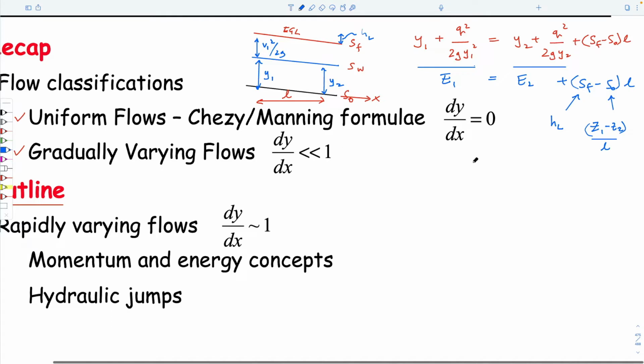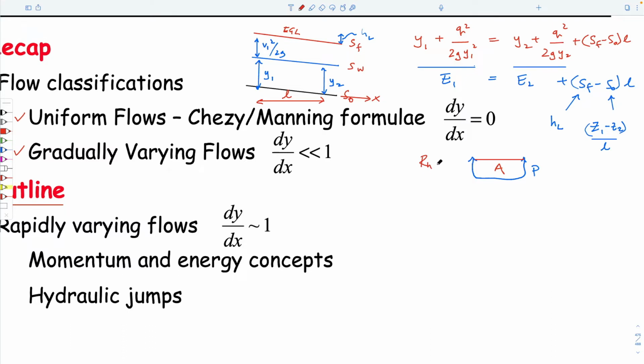And I guess the innovation for us was that we're talking about an open channel that looks like this, where this is the perimeter. We have an area underneath the depth of flow. So I guess this would be the area. The hydraulic radius, which we're not using right now, is equal to the area over the perimeter. But I guess more importantly, in this particular figure, we choose a width which is equal to 1 meter, or 1 foot, I guess, in English units.